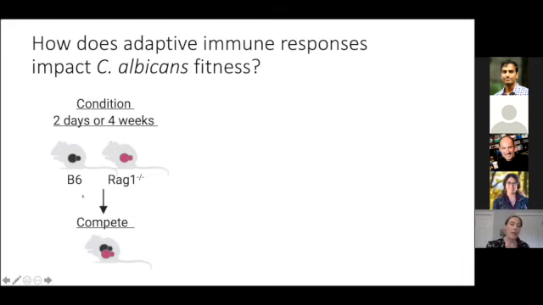I allowed these Candida populations to condition in these mice for either 2 days or 4 weeks, and then I mixed the fecal Candida populations together and competed them in a naive new set of mice and asked which population of Candida won.